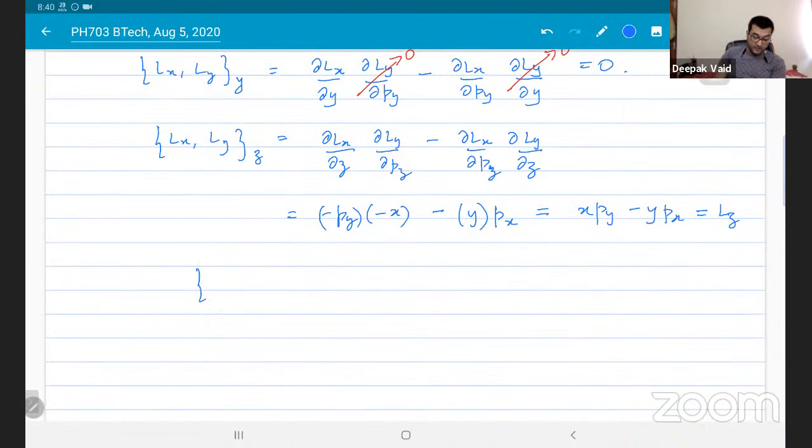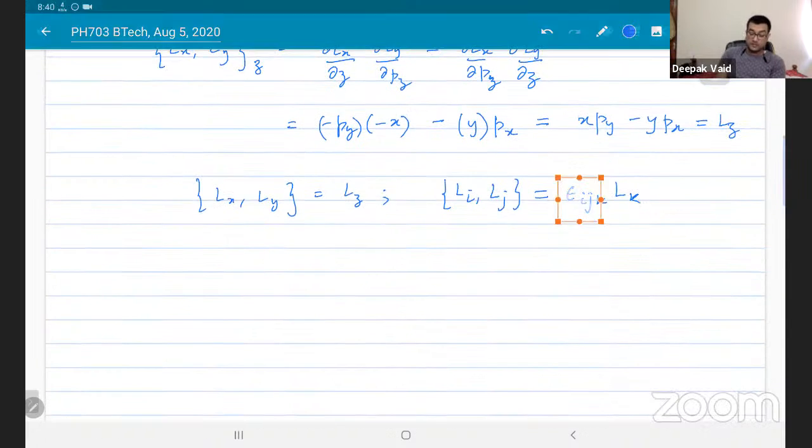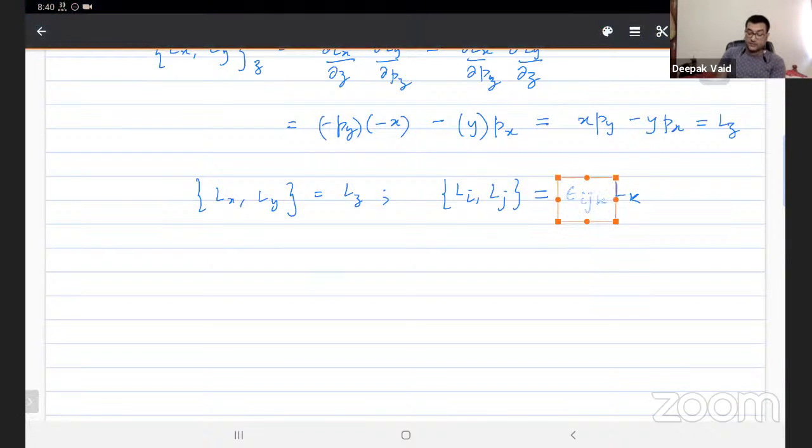So similarly, what do we have? The Poisson bracket of Lx and Ly is Lz. And in general, we can write down that if I have Li and Lj, the Poisson bracket will be epsilon ijk Lk. I mentioned what this epsilon function is before, right?